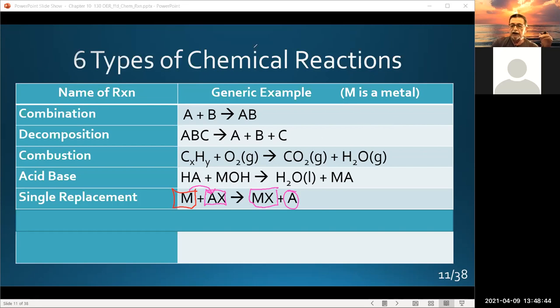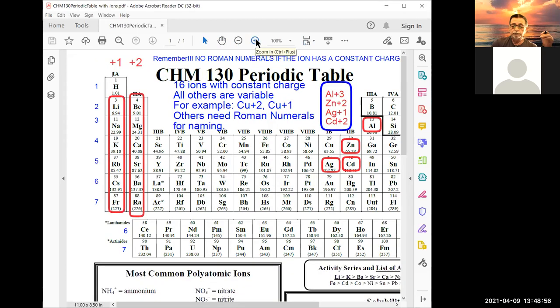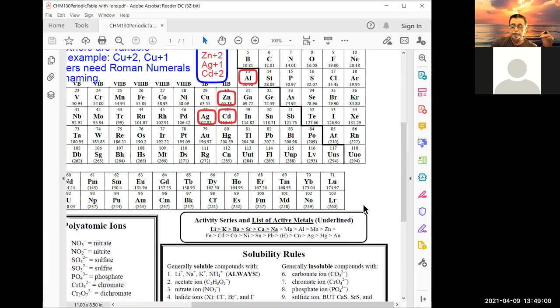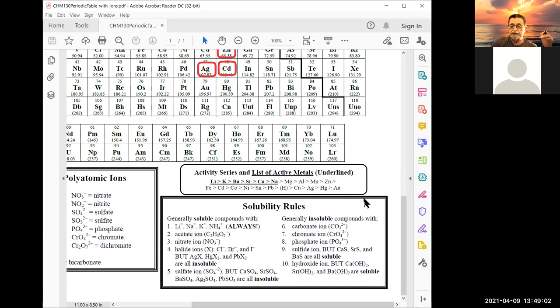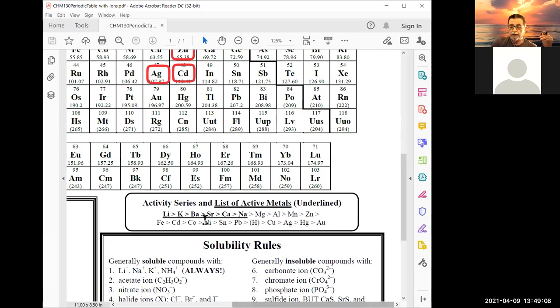What governs that reaction is the activity series. If we go to the periodic table, on the bottom right side, above the solubility rules, you will find what is called the activity series. It's a listing of metals.